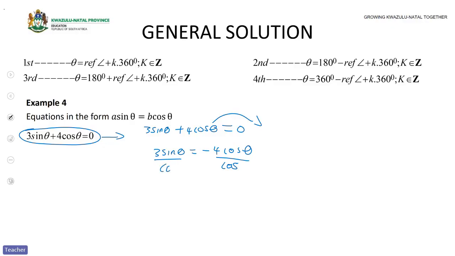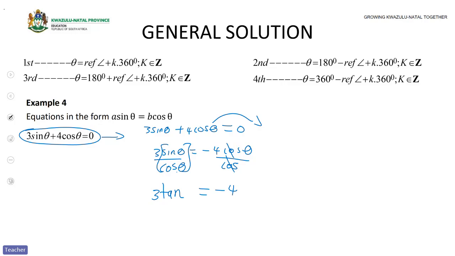Then it will give us the identity that we know, that sine over cos is equal to tan. So now we have sine over cos, which is going to change to tan, and then cos divides by cos, and the right side will be equal to -4.